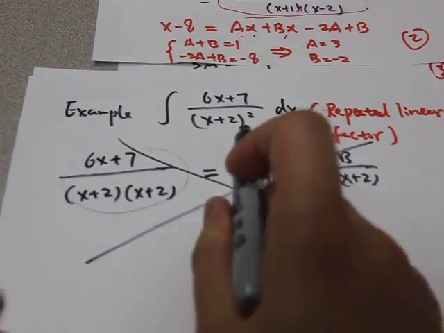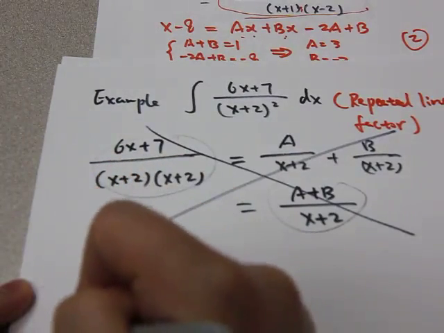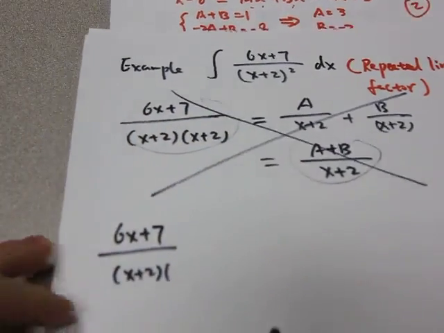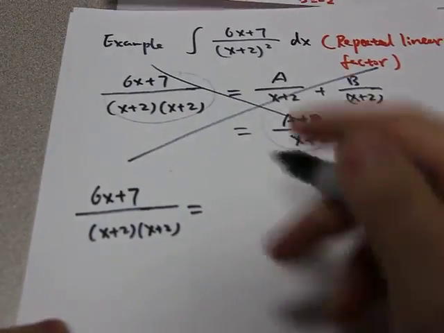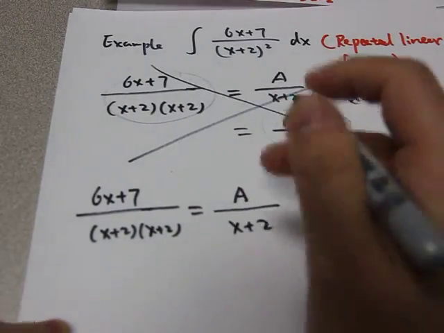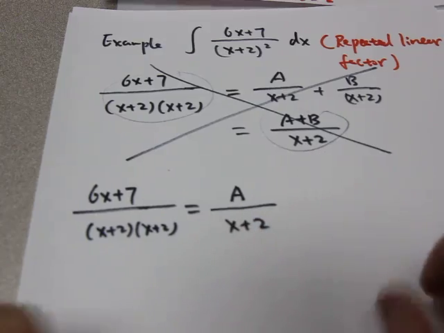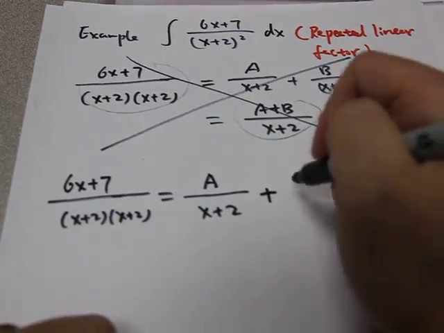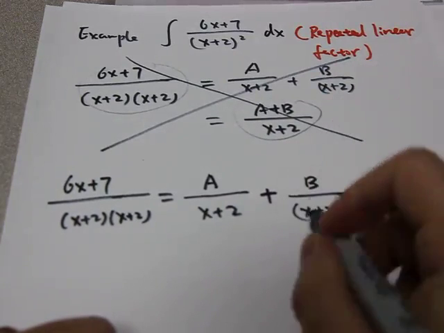When the factor is repeated, now the first fraction is A over this linear factor. Well, this doesn't change. Now the second fraction is B over (x + 2) squared.